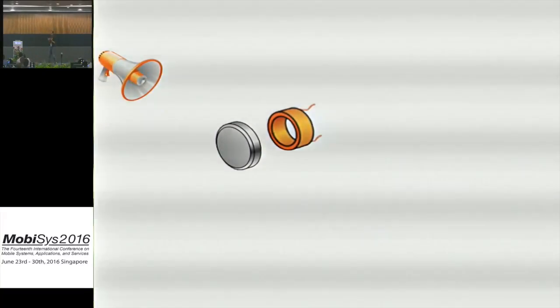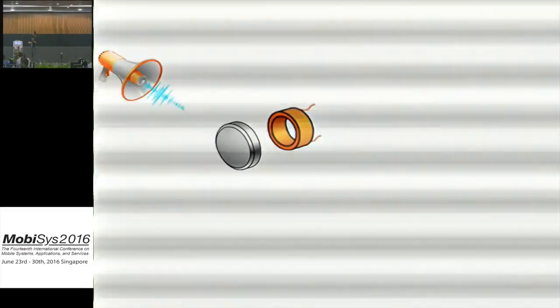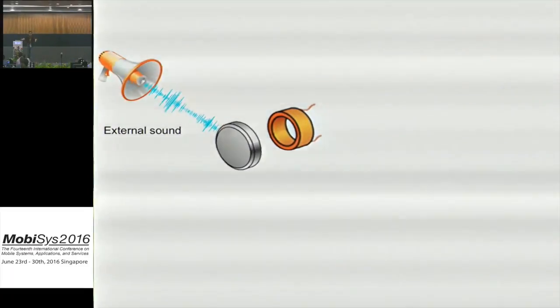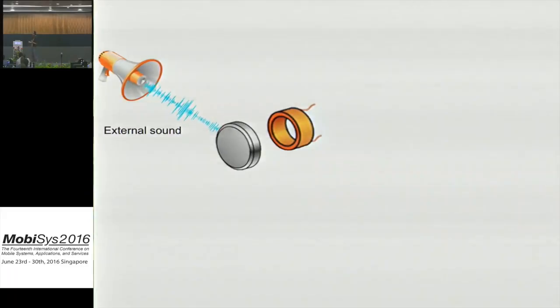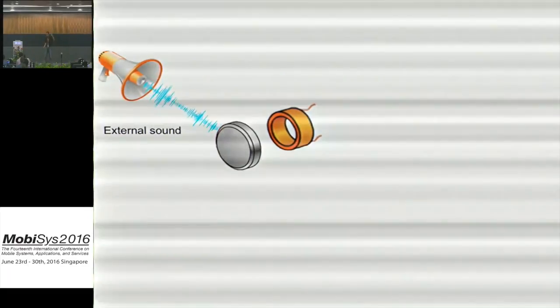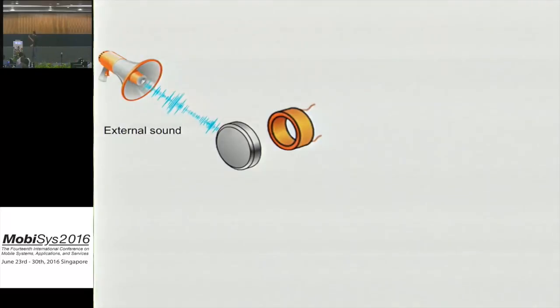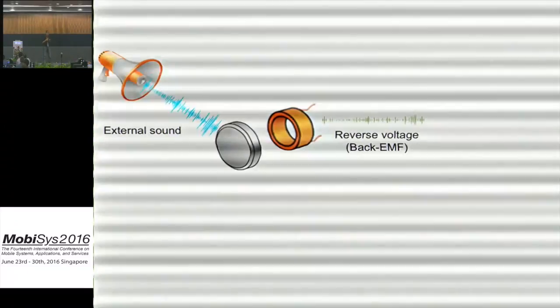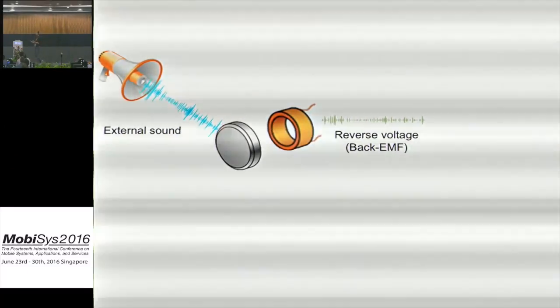But while we were playing with these vibration motors and microphones, in many cases we started playing sounds near our hardware table, and we started realizing that when you play sounds, the vibration motor also vibrates in a way that you did not expect. Even though you're driving the vibration motor with a specified voltage, what comes out of it is not what you're expecting, it's something different.